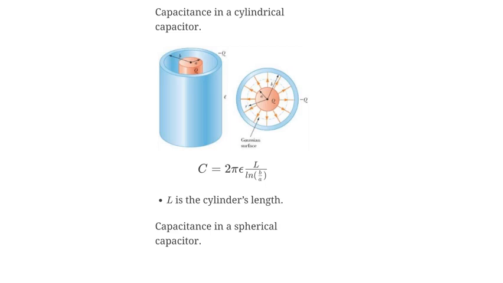Here, the capacitance of a cylindrical capacitor is shown. In a cylindrical capacitor, there are two concentric cylinders, an inner cylinder and an outer cylinder.